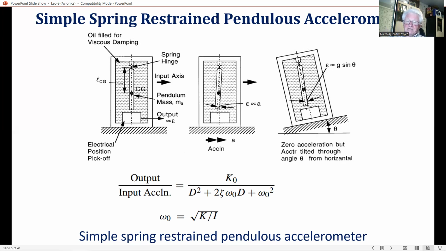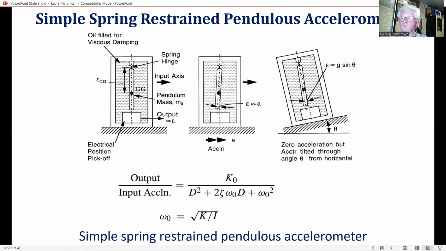The spring hinge exerts a restoring torque proportional to the angular deflection from the null position. When the case is accelerating, the pendulum deflects from the null position until the spring torque is equal to the moment required to accelerate the center of mass of the pendulum at the same acceleration as the vehicle.